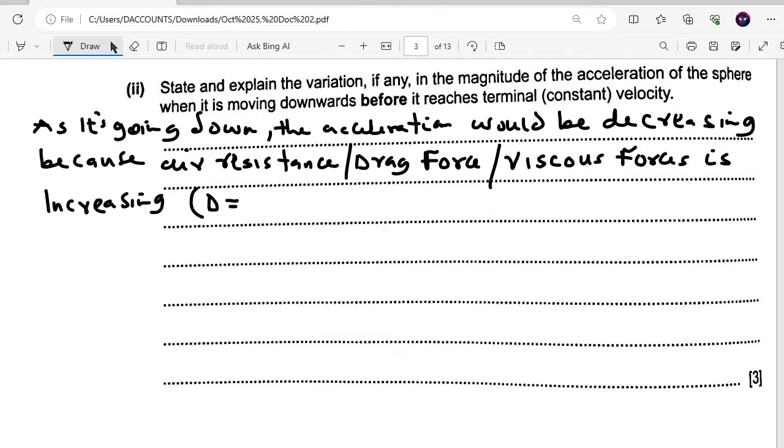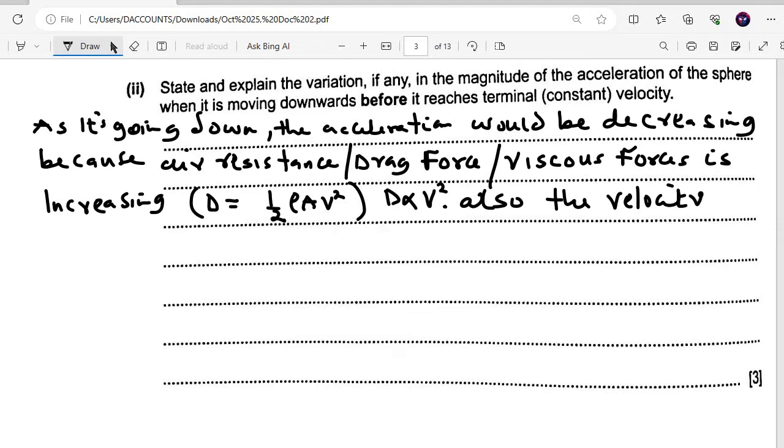Drag force is proportional to velocity, and as it's falling down, velocity is increasing. Since drag force is a function of velocity, drag force is also increasing.